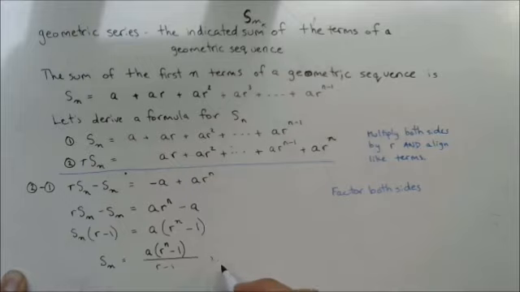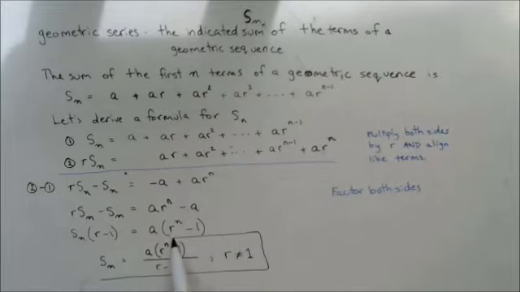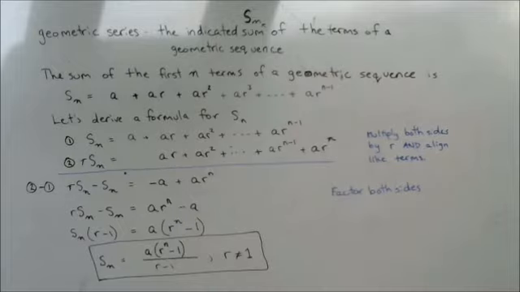And there is a restriction here because my denominator is not allowed to be 0. That would be undefined. R cannot be 1. So there we have it. This is the formula for determining the sum of the first n terms of a geometric sequence, geometric series. We're going to apply that in our examples.